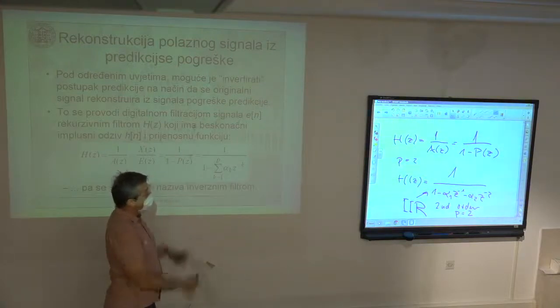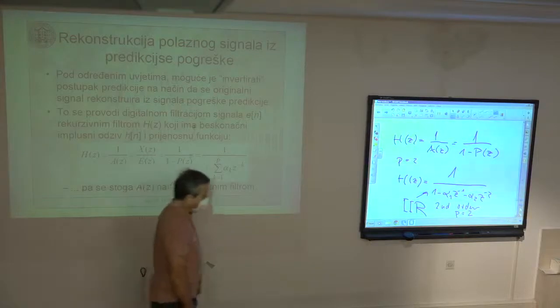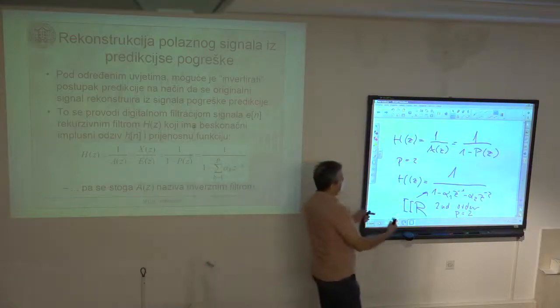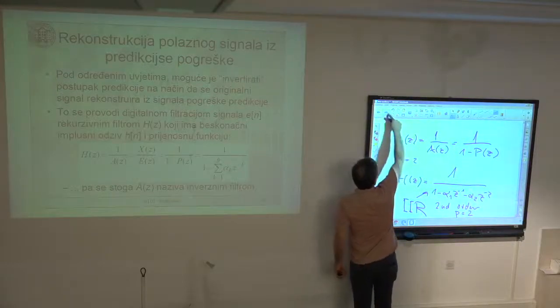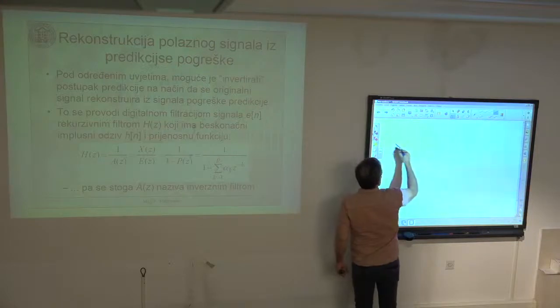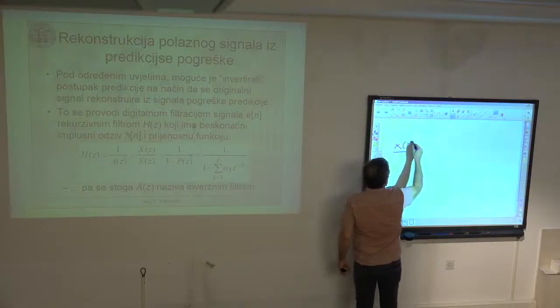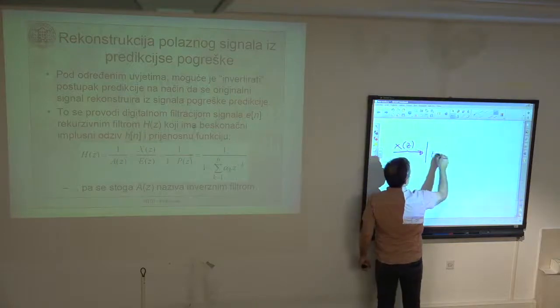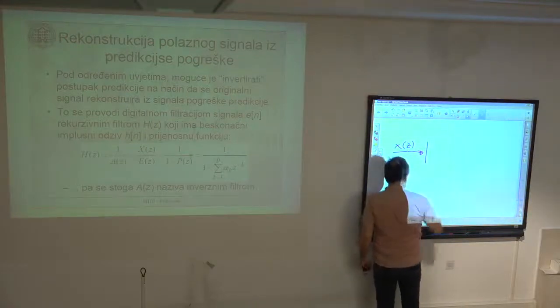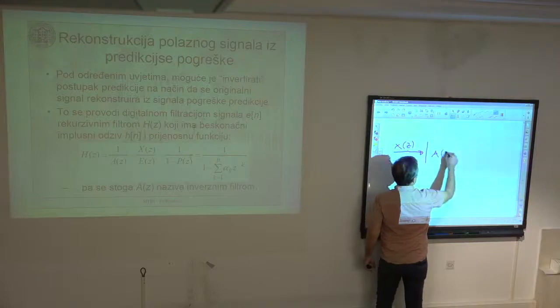So I have the possibility to reconstruct the original signal. The idea is the following. I start from signal X of z, and I pass this signal through the filter A of z, which is equal to 1 minus P of z.